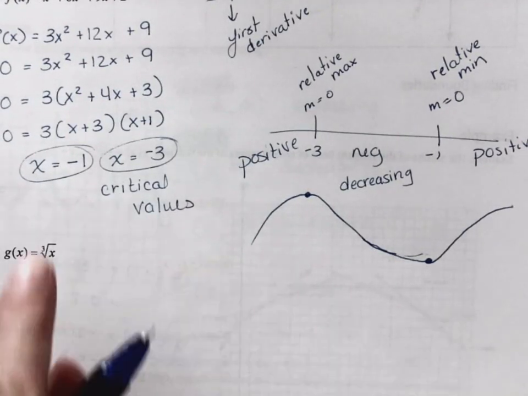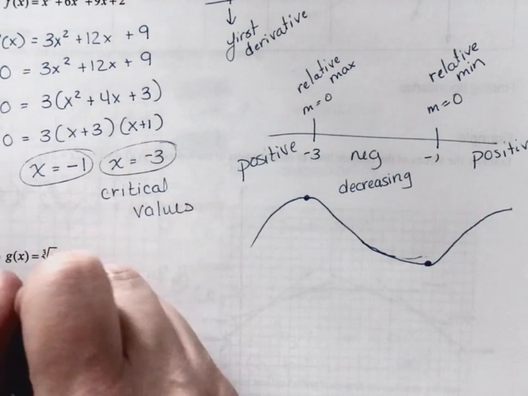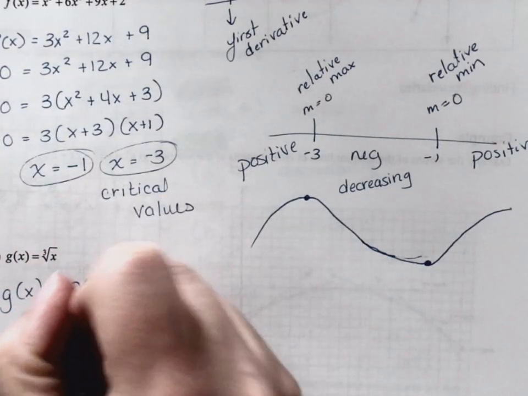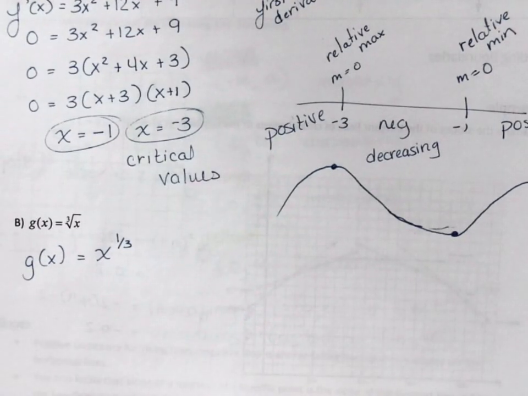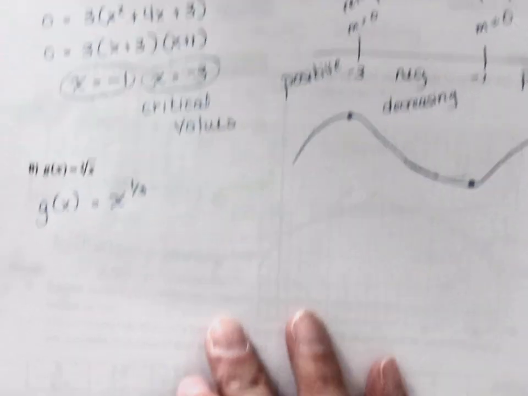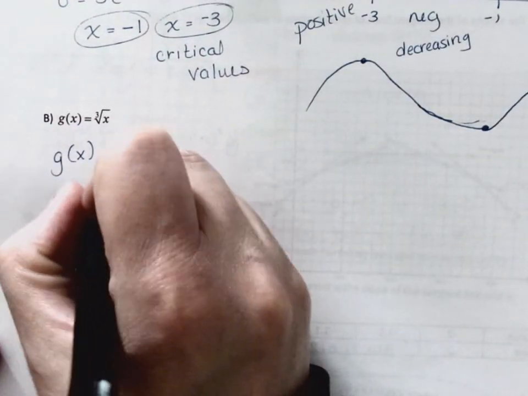Okay, so we're going to do the first derivative of this, but I can't do it in radical form. So I'm just changing the original function to rational exponents, and then the derivative.